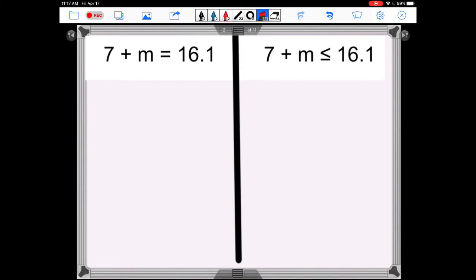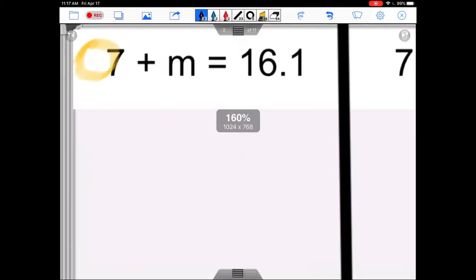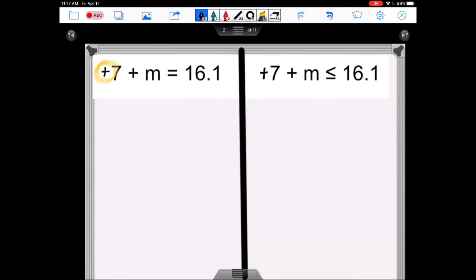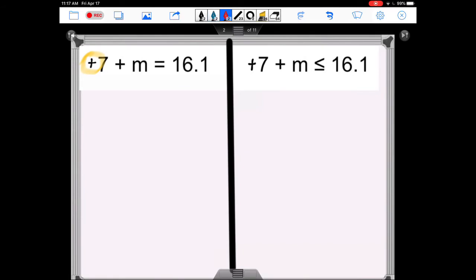What's important to remember about this one would be what sign is in front of that 7. If there's no sign there, that just becomes like a positive 7. So when we go and do the opposite, we're going to draw our line down our equal sign, and we're going to subtract 7 from each side.